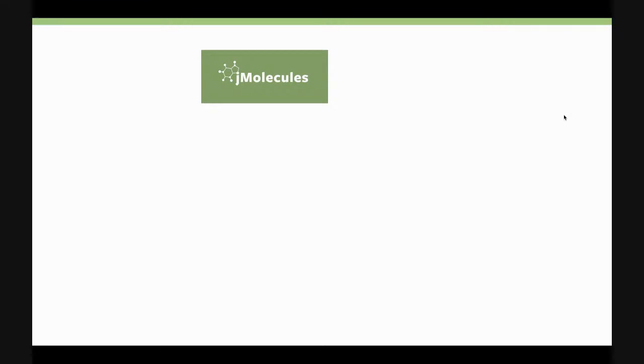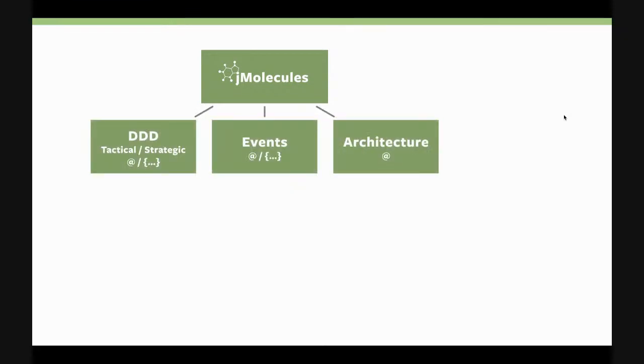So what's in jMolecules? There are annotations and interfaces for you to express the DDD tactical and strategic patterns. Tactical is everything: entity, aggregate, value object, factory, service, what have you. Strategic is module and bounded context, basically. So you can annotate your packages, you can annotate your types if you want to.